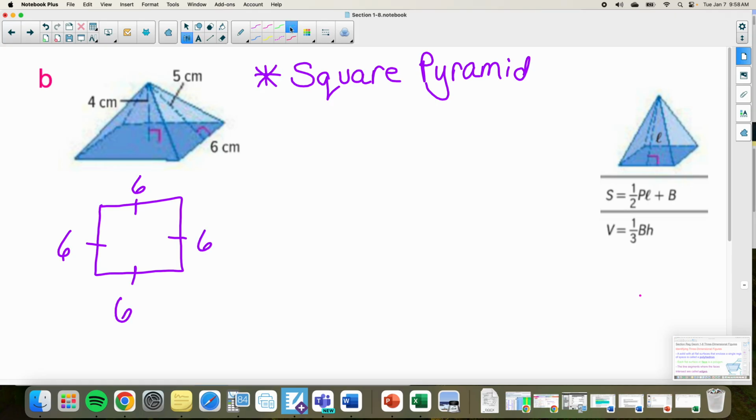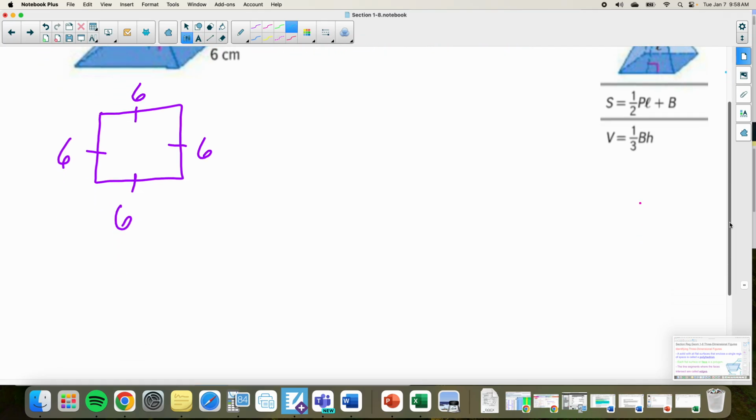So when I go to find the perimeter of that, the perimeter is just gonna be 4 times 6, or you could go 6 plus 6 plus 6 plus 6, and that is 24.